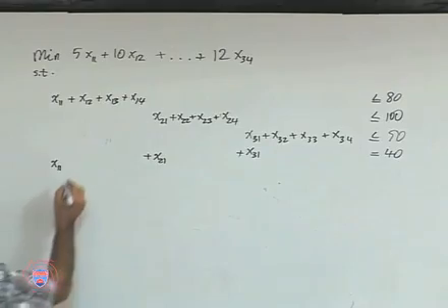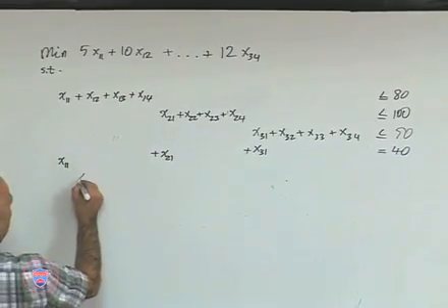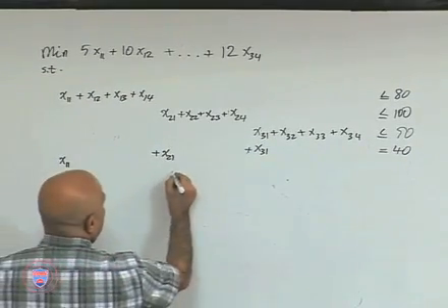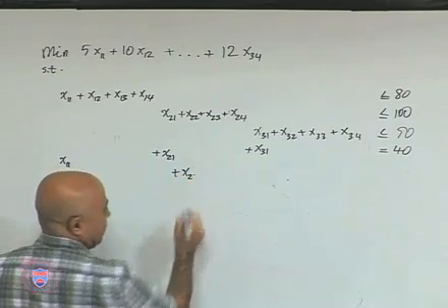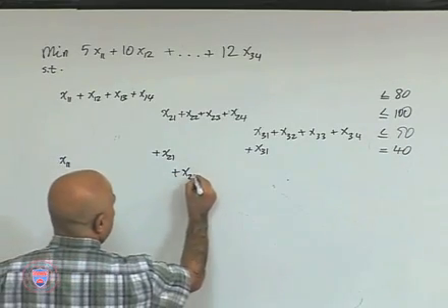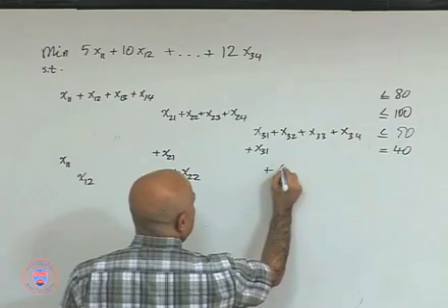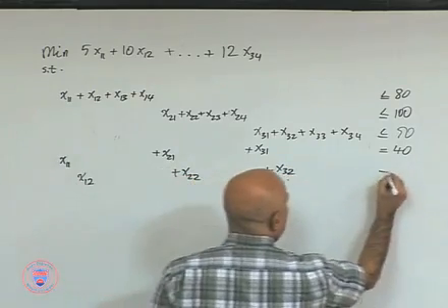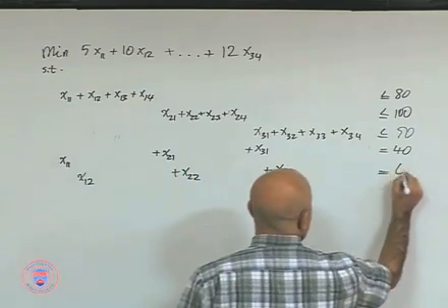The second column, x12 plus x22 plus x32, the second sink, equals 60.